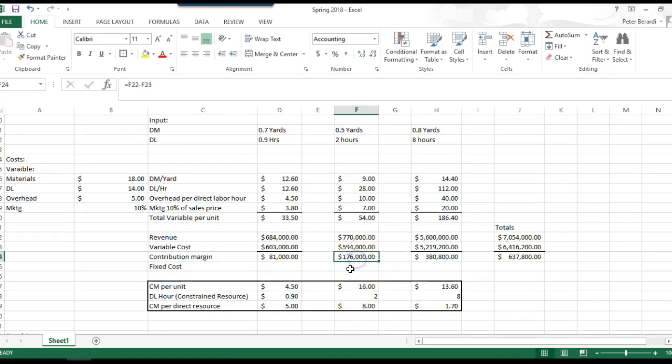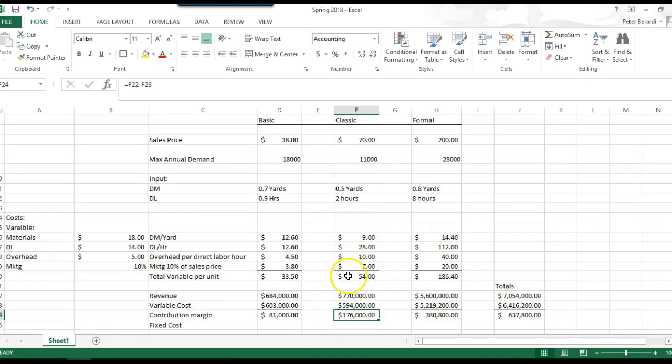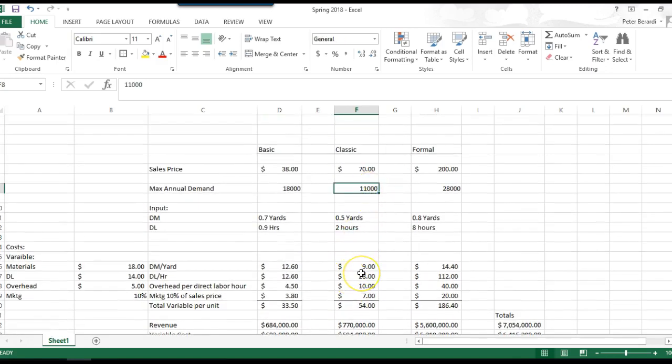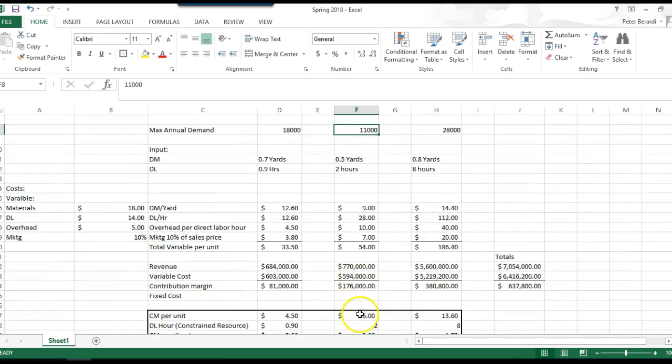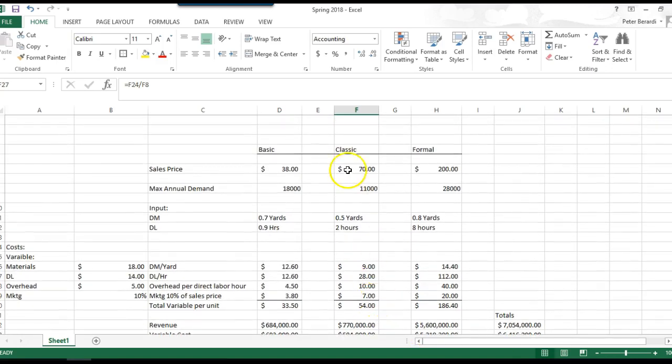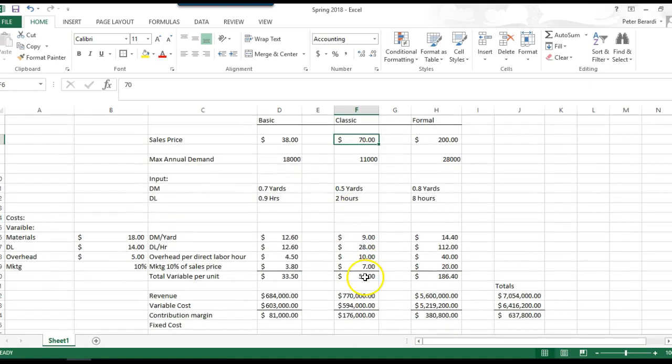Same here, I took the $176,000 in contribution margin, divided it by 11,000 to get the contribution margin per unit, which is $16, or you can simply take the $70 minus the 54.